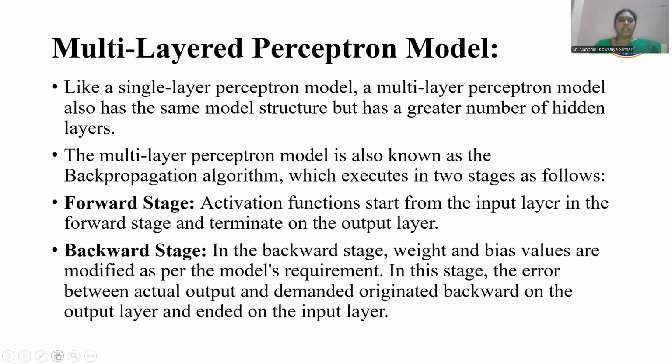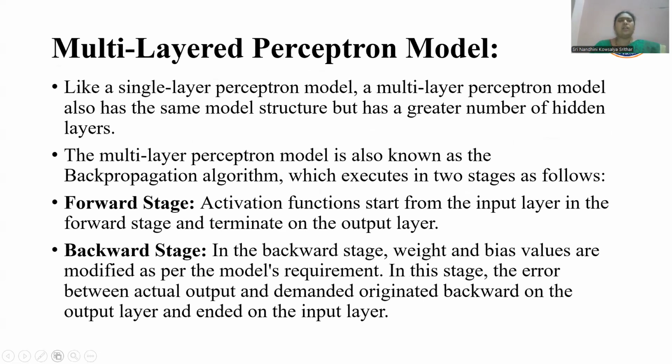Then, the multi-layered perceptron model. Like a single layer perceptron model, a multi-layer perceptron model has the same model structure but has a greater number of hidden layers. So what is the difference between the single layered and multi-layer perceptron model? Each perceptron has the same three layers: input layer, hidden layer and output layer.